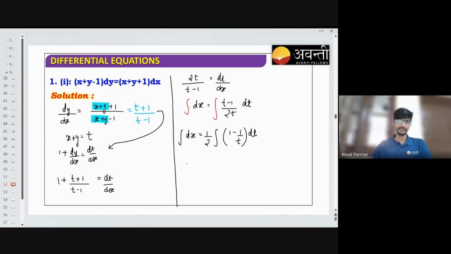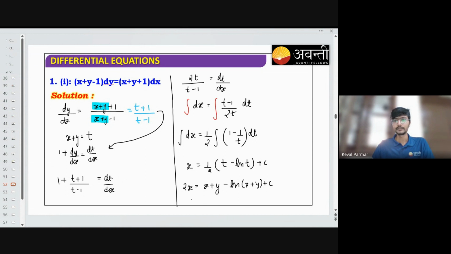So integration of dx is x is equals to half t minus ln t plus c. I can cross multiply 2 and I'll substitute the value of t. So I'll get 2x is equals to t was x plus y minus ln x plus y plus c.